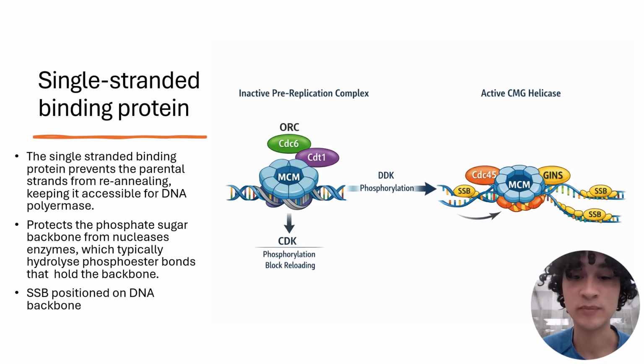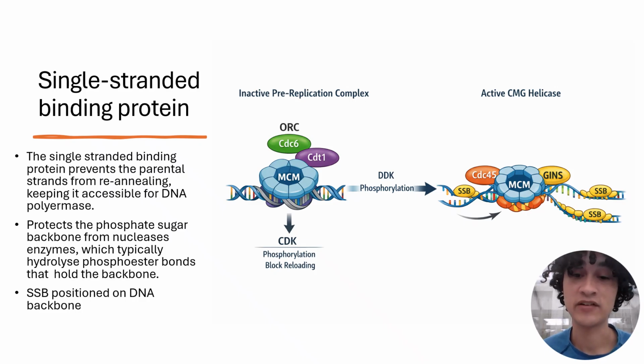As it's being split, those hydrogen bonds are going to want to reform, as the DNA has a propensity to reform into its canonical helical structure, and single-stranded binding protein just prevents this from happening, allowing those two parent strands to act as templates as they're being separated.